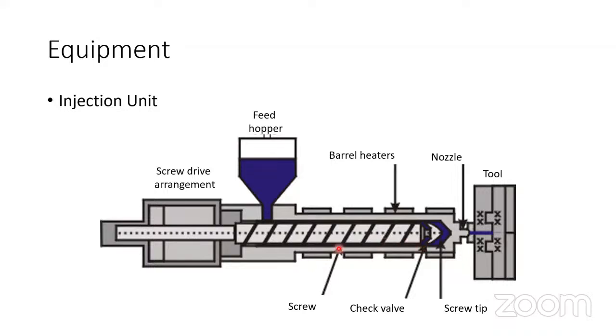But while the screw is coming backward, it rotates anti-clockwise and comes backward. At that time the material falls from the hopper throat and goes through this feed section, compression section, and comes to the metering section, and the metering section will pass the material in the front direction, and it will gather here. And this is called the injection stroke.